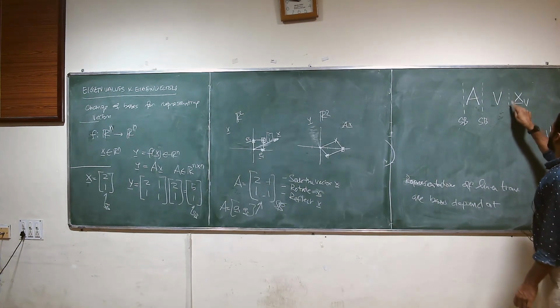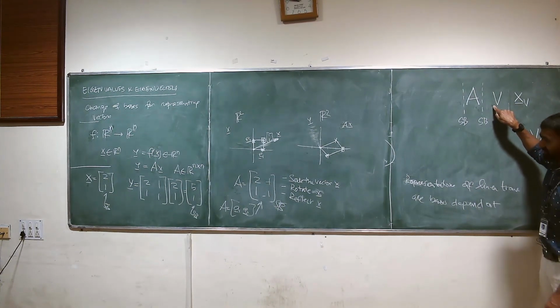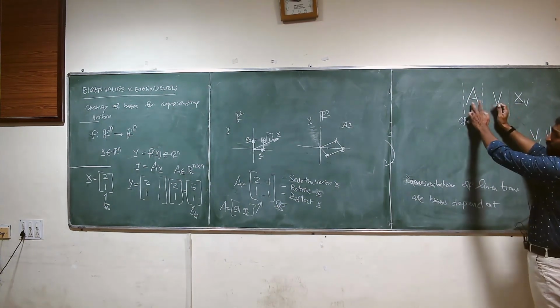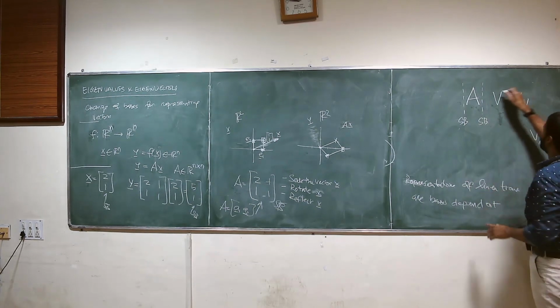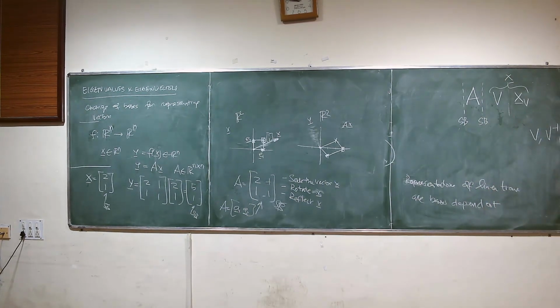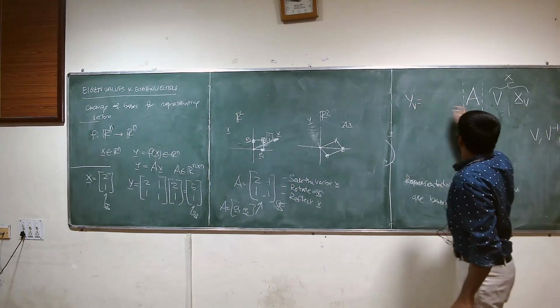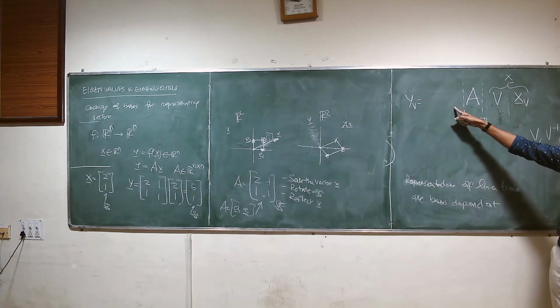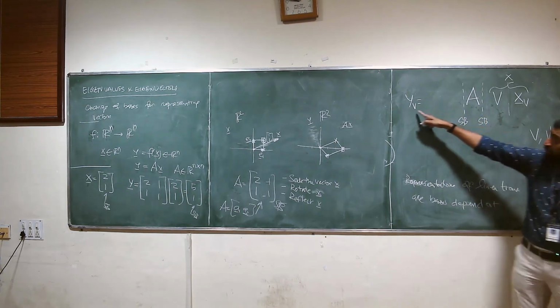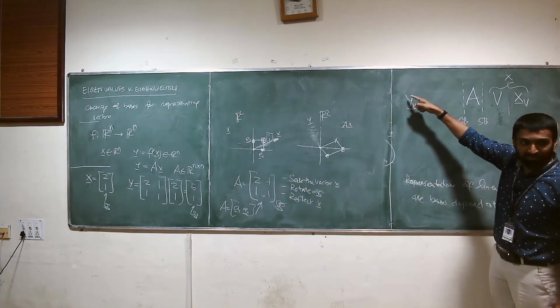Okay. So if you do this multiplication, what comes out here is in the standard basis. Okay. So this is okay. But what we are interested in is this. What comes out is in the standard basis. What we want is in the V basis. We convert what comes out with V inverse.